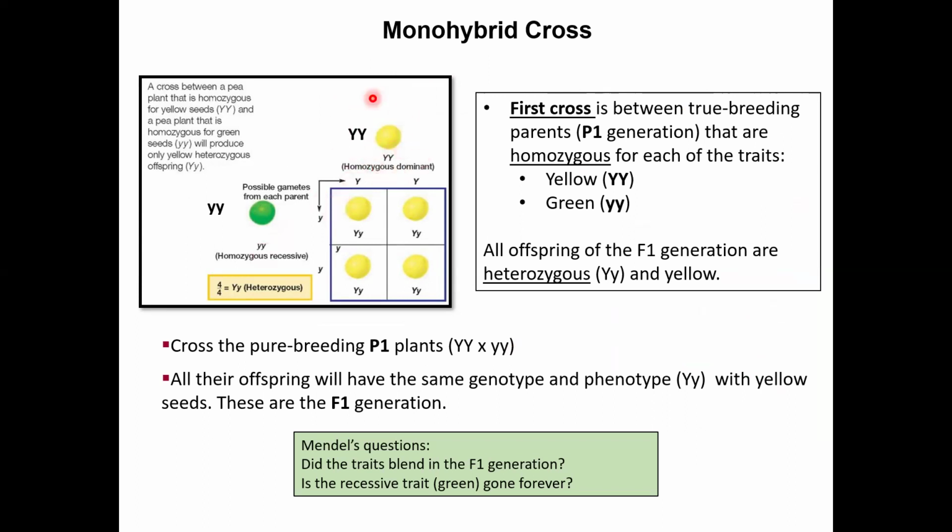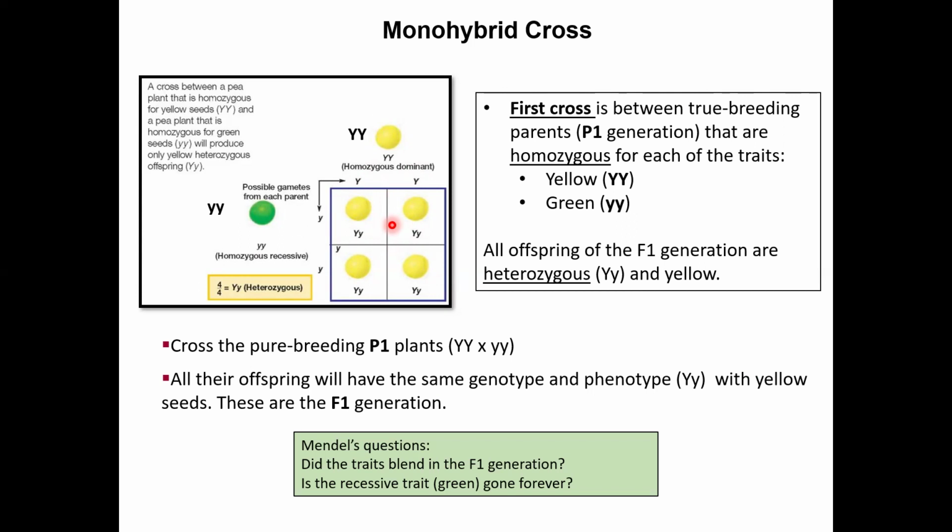So one was purely yellow, so homozygous dominant, and then one was purely green, which was homozygous recessive. When he crossed these plants, all of the offspring ended up with the yellow seeds. And these are your first generation pea plants.